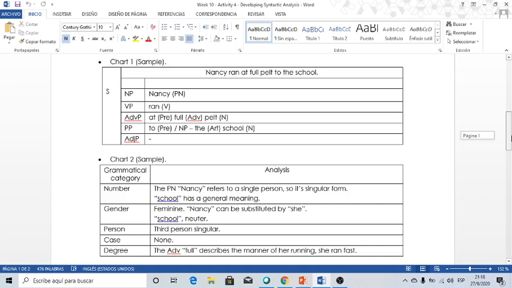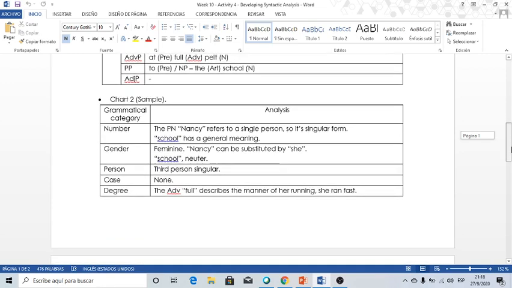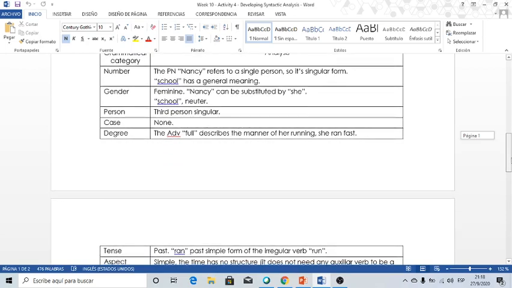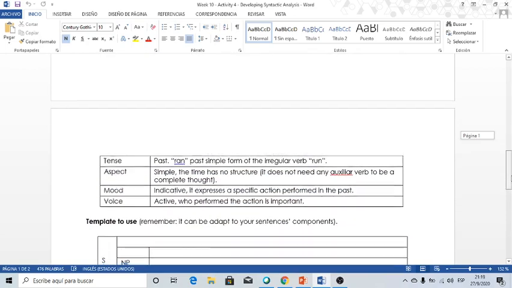For example, if you still have doubts about what a noun phrase, a verb phrase, an adverbial phrase, a prepositional phrase, or an adjective phrase is in a sentence, I will clarify all those terms in the video conference. In that way, you will be clear about what you would take in a sentence as each of those elements. Also, we'll clarify the grammatical categories and see what elements you can count in each of the sentences that you have to make.